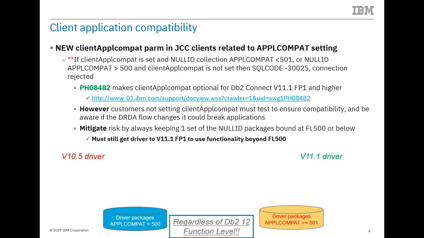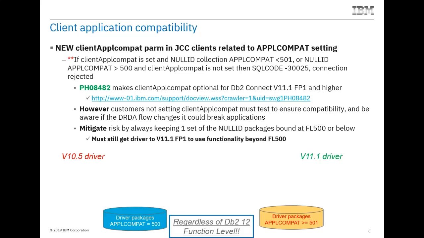Another reason to do this is that we've implemented a new parameter, and this parameter is in the driver, so either JDBC or .NET. It's called the clientApplCompat parameter. JCC specific here. So there's an incompatibility where you need at least the DB2 Connect level or driver level 11.1 fix pack 1.